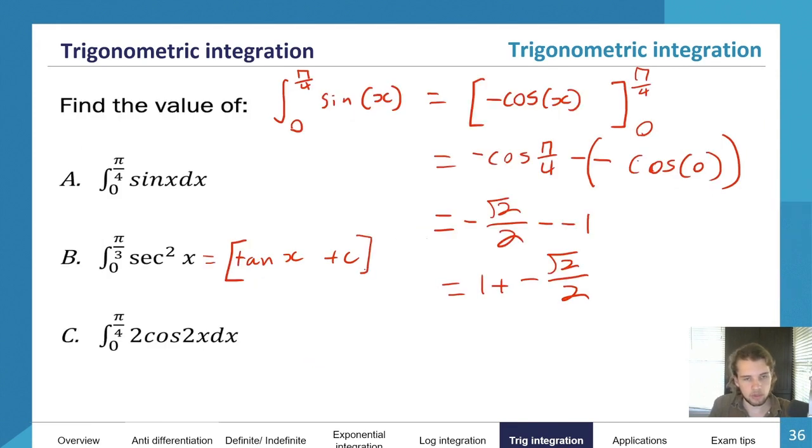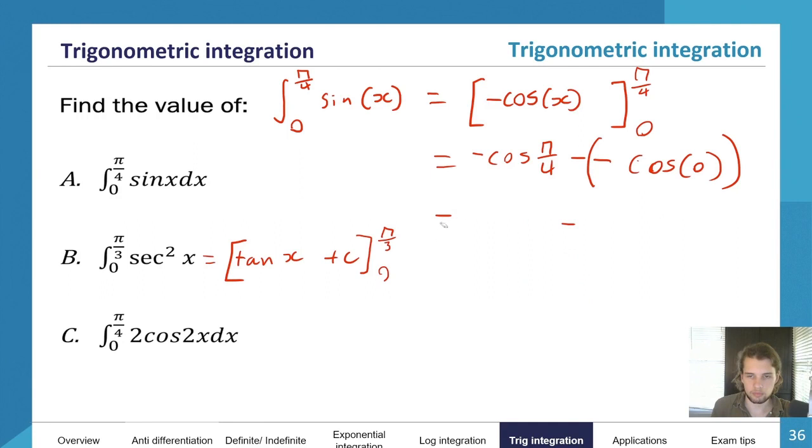And then we substitute in pi over 3 and 0. So that is equal to tan pi on 3. And remember, you can add the c in. I don't think you get punished for it, but you don't need to add the c. And that's just a habit I have doing myself.